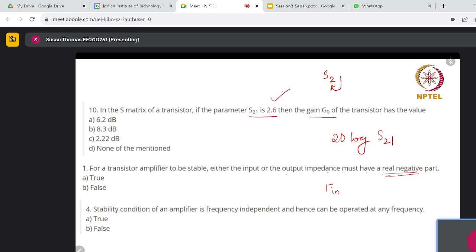Ma'am, for conditional stable, gamma in less than 1. So what is gamma in? How did you arrive at that gamma in is less than 1?